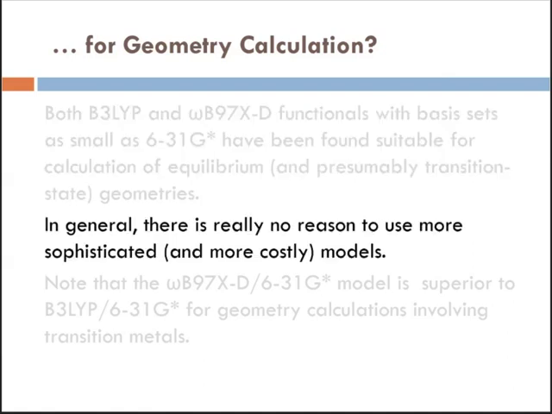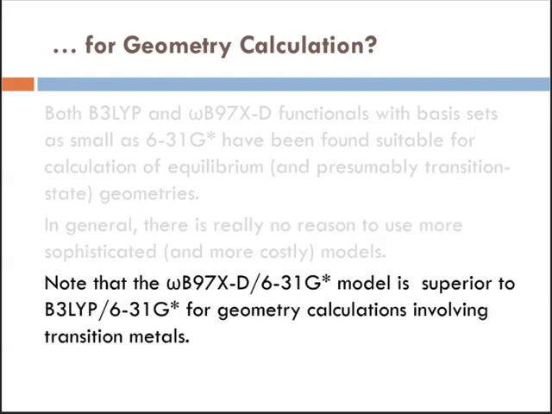There's no reason to go to more sophisticated methods than these or to larger basis sets if the task is really structure. There is one caveat, and that's in dealing with transition metals. B3LYP is not very good, whereas this one is actually quite good. I'm talking about organometallics as opposed to inorganic compounds.